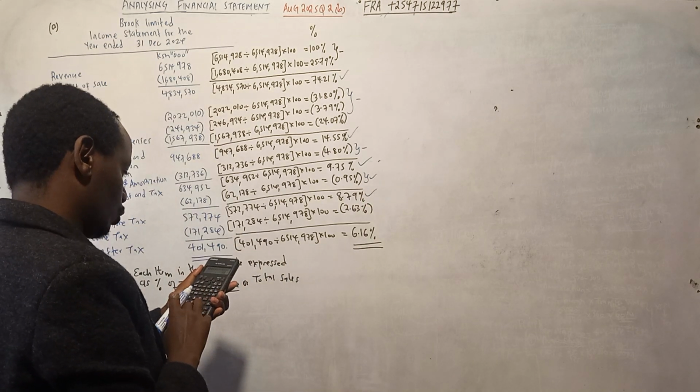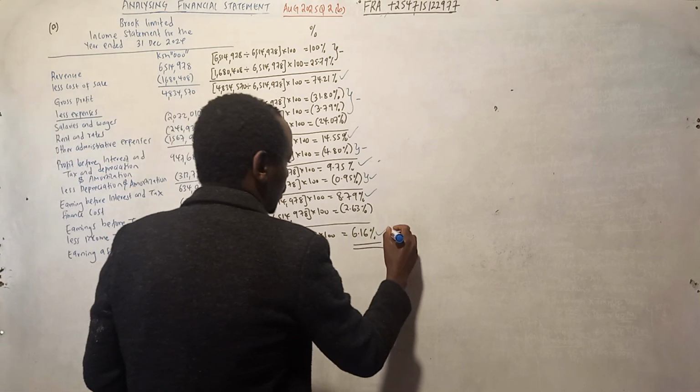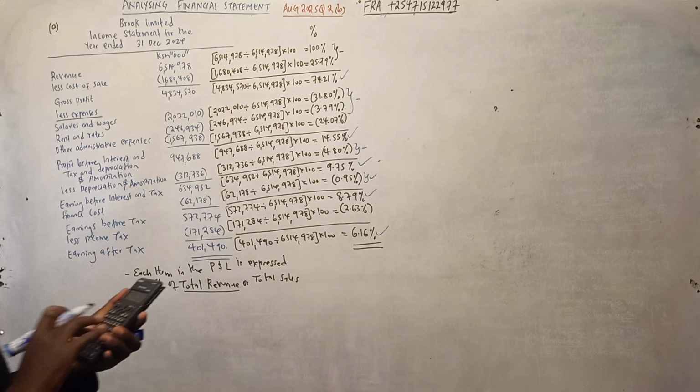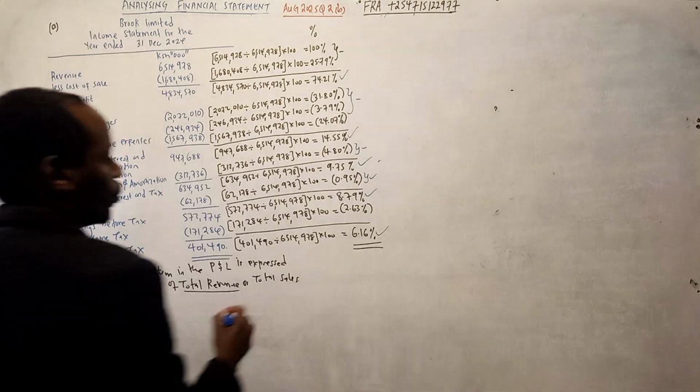Then we deduct 2.63, yes, 6.16%. So that's how you're supposed to do that question for part A. And this one was 8 marks.